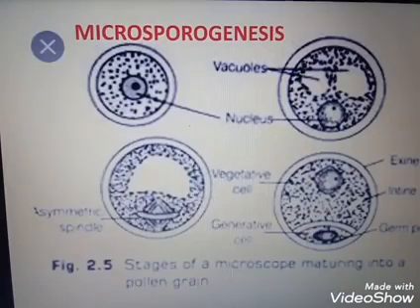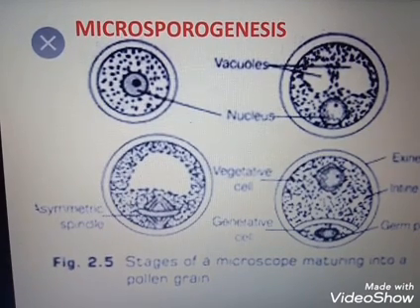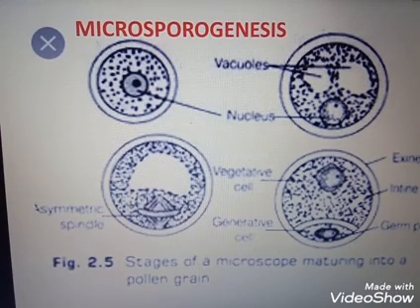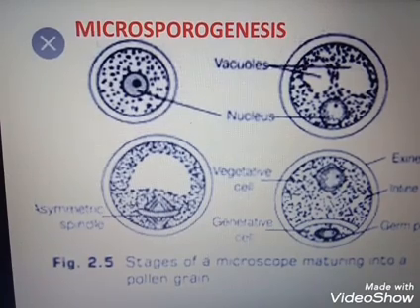Then here it is describing the process of microsporogenesis. The cell has a vegetative cell and a generative cell, and it is covered by the exine and intine and the germ pore. Exine contains sporopollenin, and intine is made up of cellulose and pectin. Clear? Most of the angiosperms shed pollen at this 2-cell stage, which means it has the vegetative cell and the generative cell.